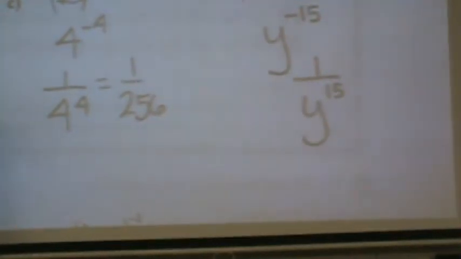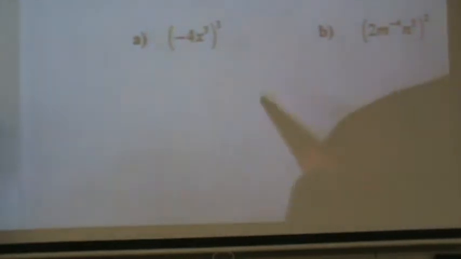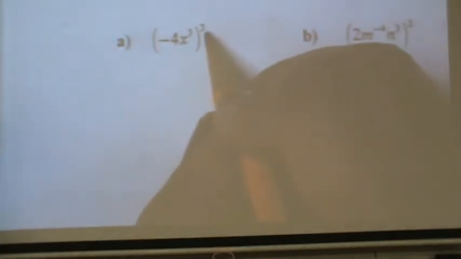Okay, next. What's different about this set is there's more than one thing in the parentheses. So you have to raise two things here to the third power. What you're kind of doing is distributing. Yes, very good.